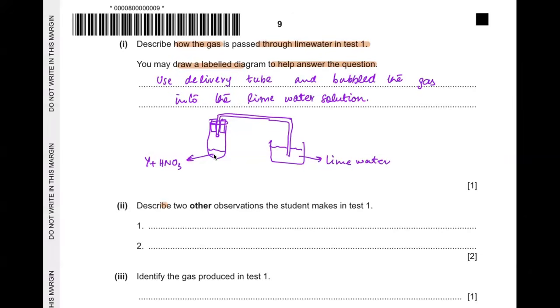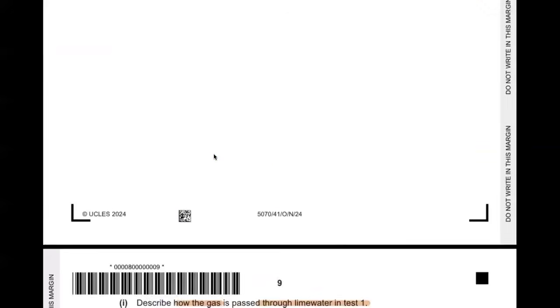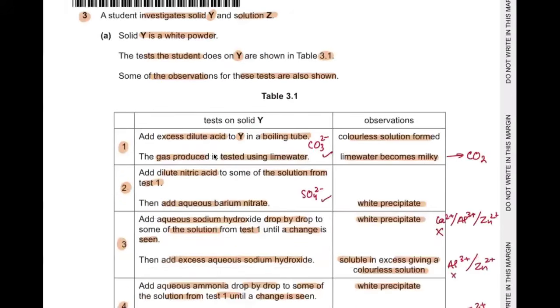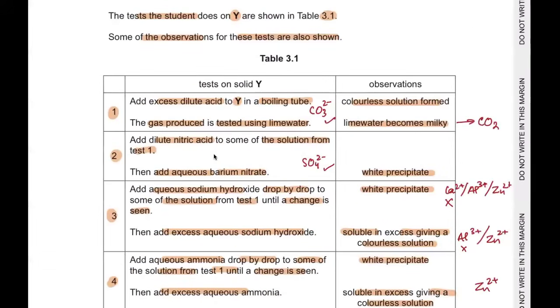Now, next part. Describe 2 other observations the student makes in test 1. If the gas is being formed, they haven't mentioned anything beside the gas. They just said the gas produced. So if the gas is being produced, you are going to observe bubbles.